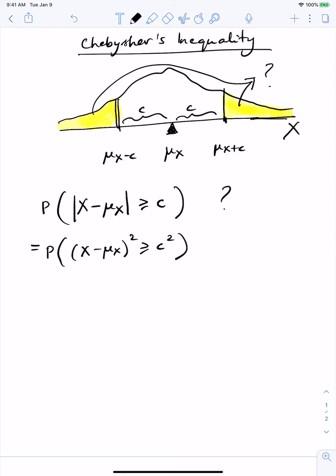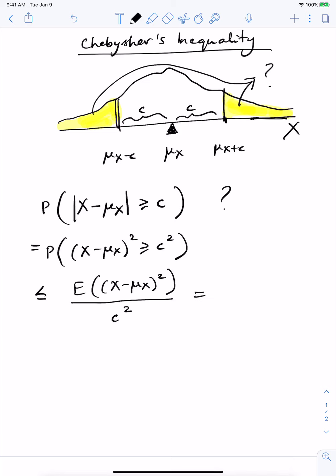Markov's inequality says that this probability is less than the expectation of my random variable, which is the squared deviation, divided by where my tail starts, which on the scale of that random variable is c squared. Do you recognize the numerator?